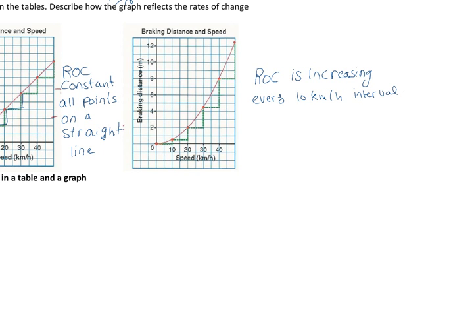And points are not on a straight line. If it would be a straight line, it would be like this, right? This is not a straight line, the red is not a straight line, it's a curve. Okay? All right.